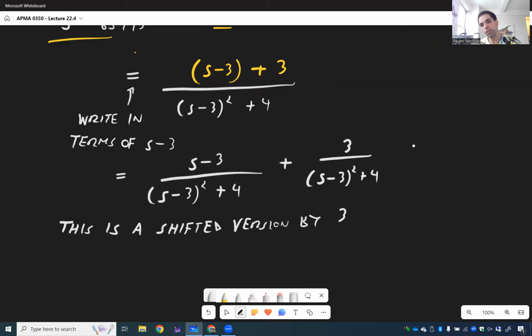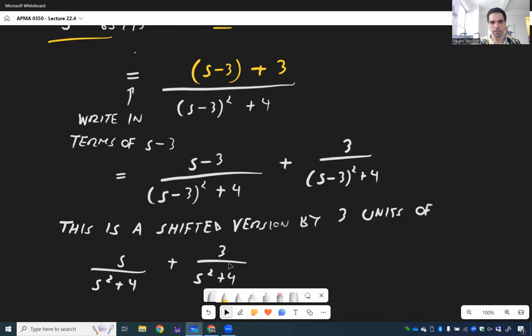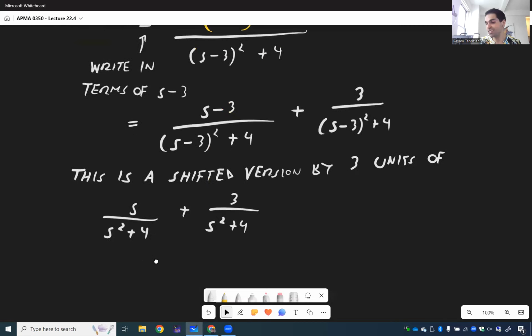by, again, 3 units of the unshifted Laplace transform. So s over s squared plus 4 plus 3 over s squared plus 4. Now s over s squared plus 4 gives you cosine 2t.